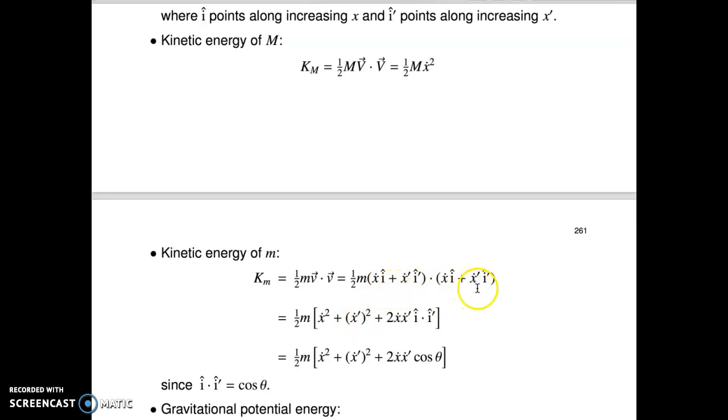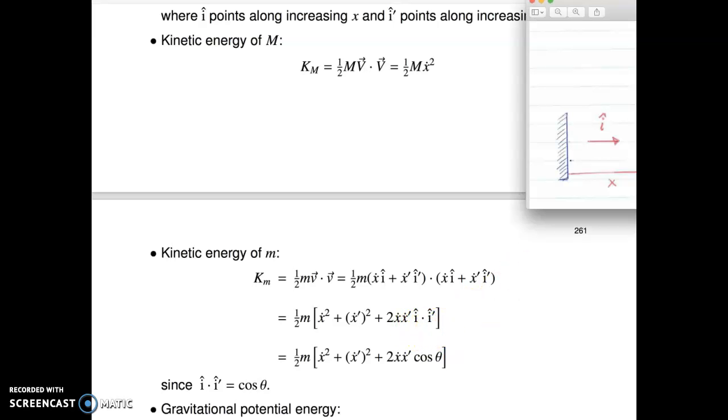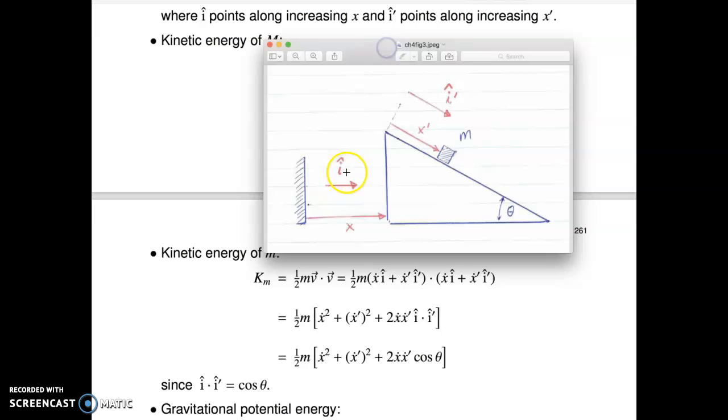And then we have two cross terms which are identical, which, when we sum them together, give 2 x dot x primed dot, and then we have a dot product, not to be confused with the dot over the x, the dot of the dot product, i dot i primed. Two cross terms summed together, that's why we have the factor of 2. Now what is i dot i primed? Refer back to this figure here.